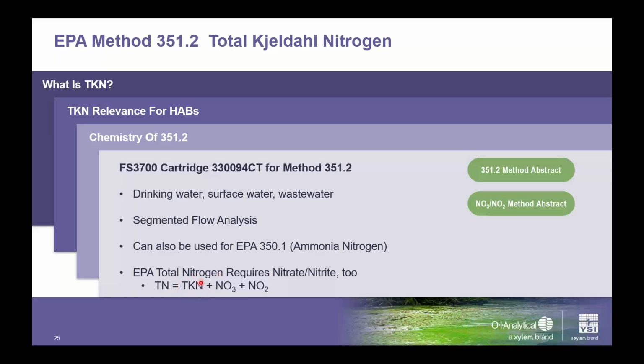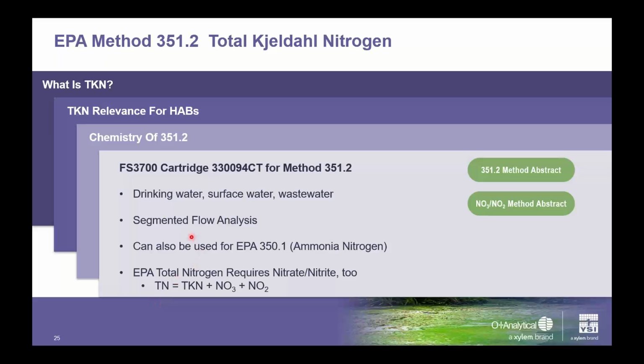So today I'm just focusing on TKN because it's highly relevant for your algae monitoring. But if your regulatory environment requires you to actually back out and get total nitrogen, the FS3700 has one of our most popular cartridges for measuring nitrate and nitrite, and you can measure those to additively get total nitrogen.